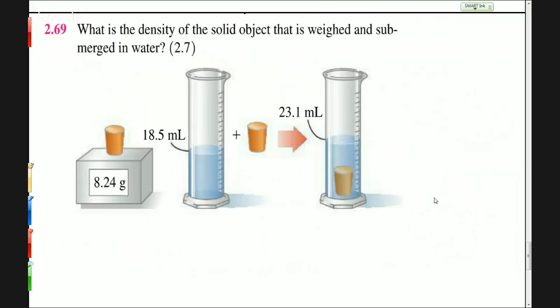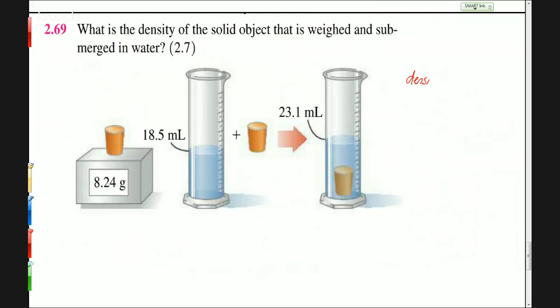So the thing, whatever that is, solid object, cork maybe? It's a little heavy for a cork. I don't know. The thing has a certain mass, and it takes up a certain amount of space, its volume. If we have a mass and we have a volume, we can calculate a density by dividing the mass by the volume.